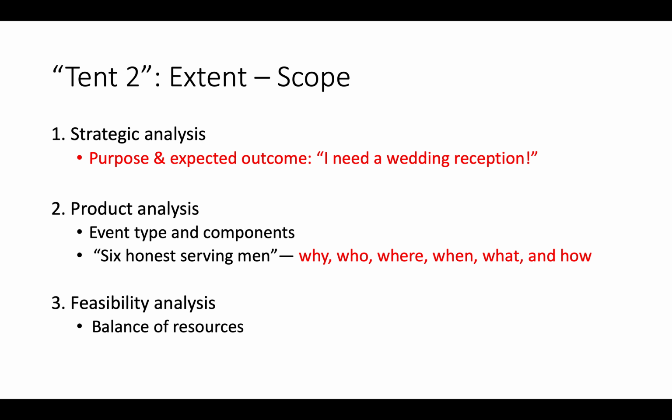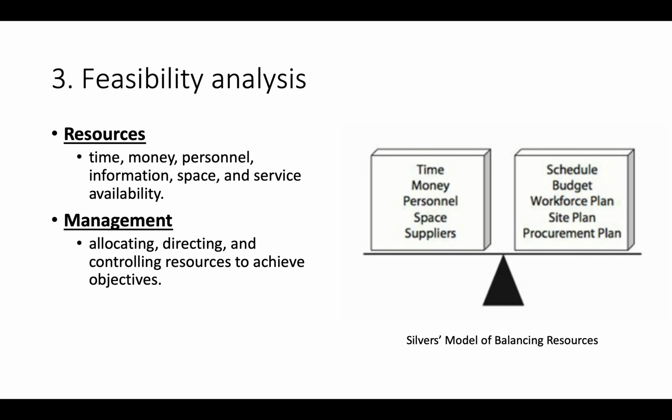Additionally, we will need to do a feasibility analysis in order to determine whether we have enough resources to use. By the resources, we refer to time, the money, the personnel, information, the space, whether we have enough suppliers.